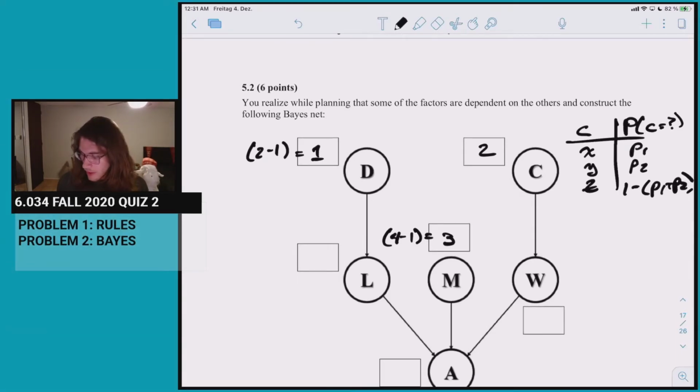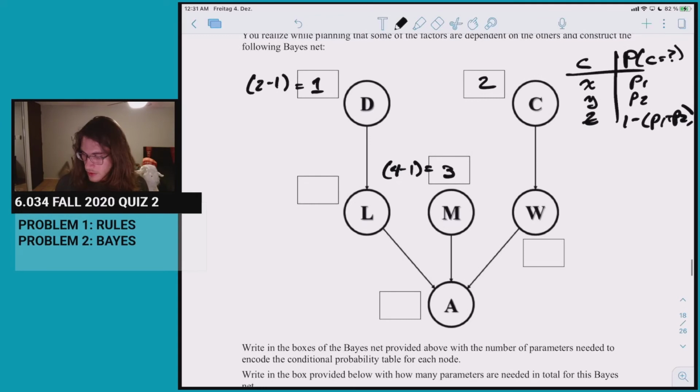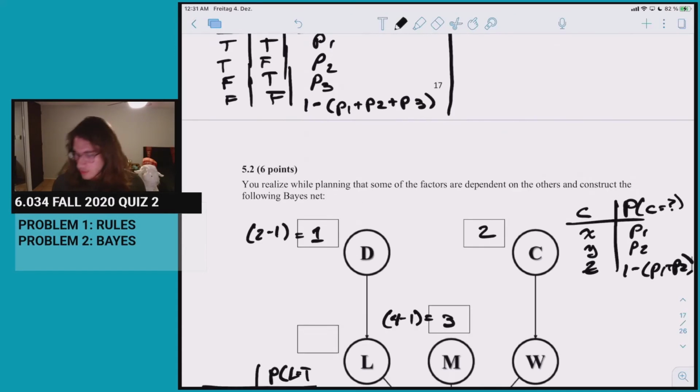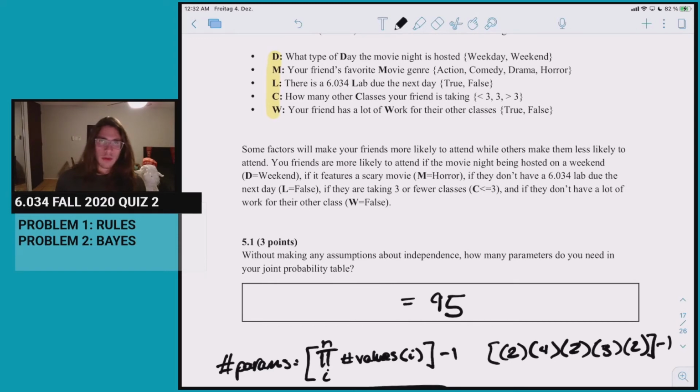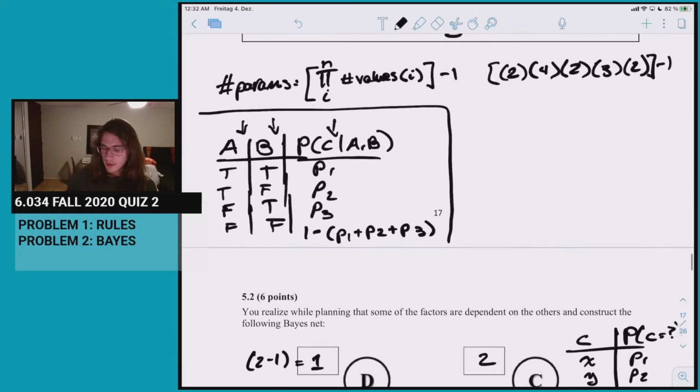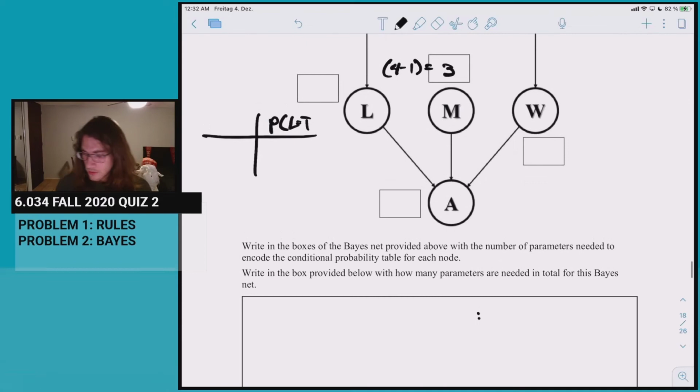Now let's talk about L a little bit. In the case of L, the probability of L being true, so let's say L equals true. Actually let me check how many values L can take. So L can be either true or false, thankfully. D is either weekday or weekend. Because it's only 2 values, I'm going to say D can either be true or false in this case. It doesn't affect the answer, it just makes it simpler to write.